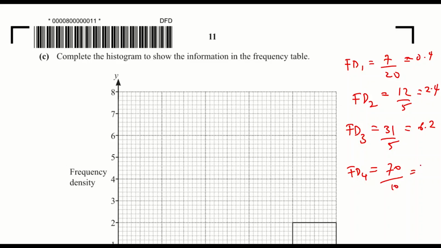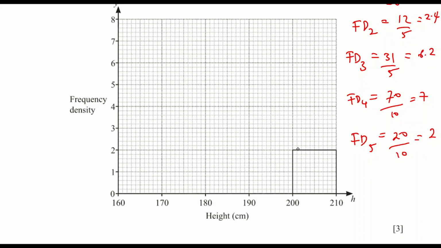That will be 7. Then the last one, FD5, that will be 20 divided by 10. That will be 2. As you can see, this is the last one. It has been drawn already. The frequency density is 2, as calculated here.